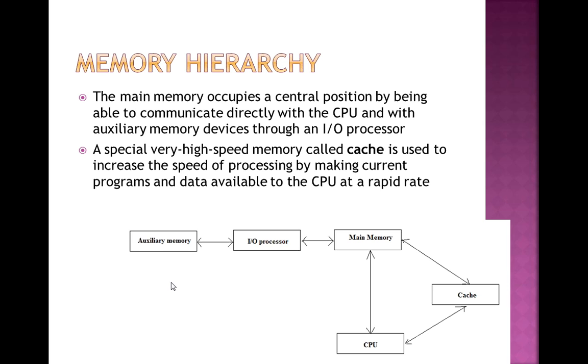There is also a new memory that is used for the fastest processing, fastest fetching, fastest input and output, that is known as the cache memory, that lies between the main memory and the CPU. This diagram shows the cache memory, main memory, CPU, input-output processor, auxiliary memory.